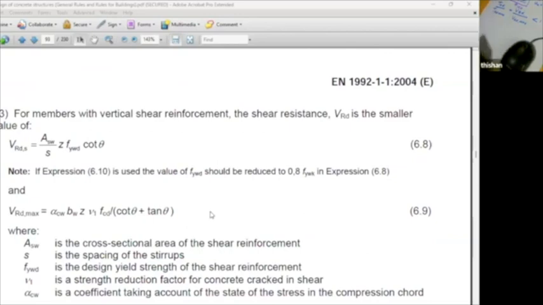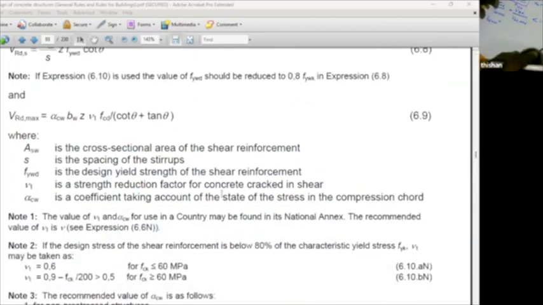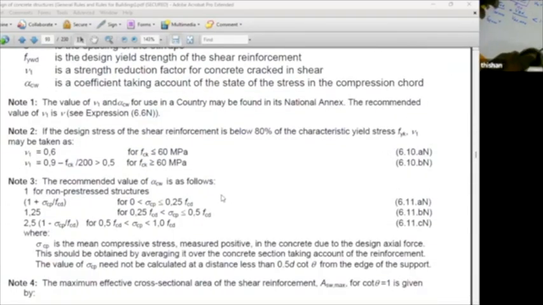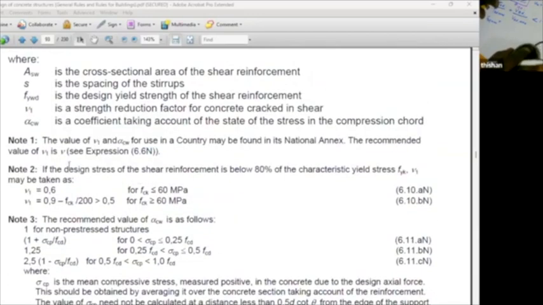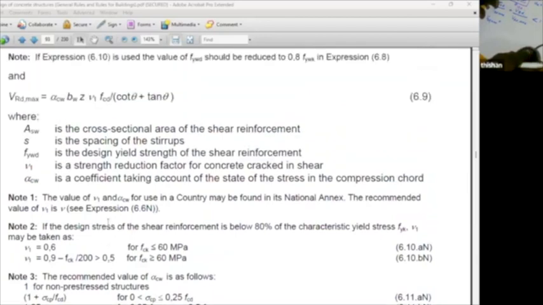And so that means VRD max can be calculated. VRD max is alpha CW, and we know alpha CW is 1. So here it says alpha CW is 1 for non-prestressed sections.